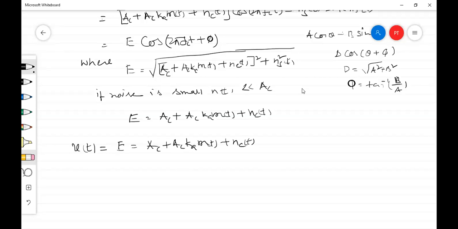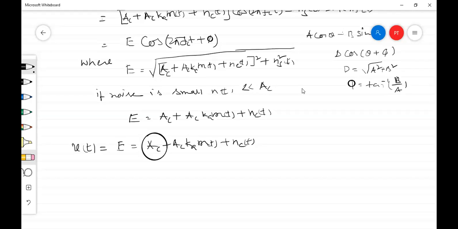Is it clear? And here this AC term is a constant, which can be removed by passing through a low pass filter as well as a blocking capacitor. If you pass this envelope E through a capacitor, the capacitor will block the DC, so AC will be removed.